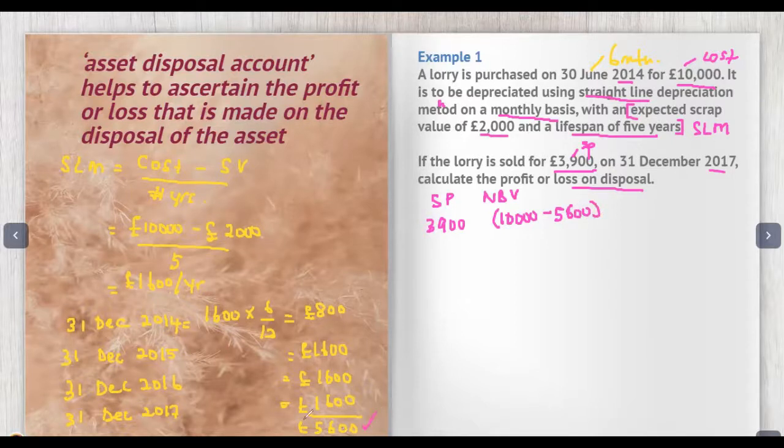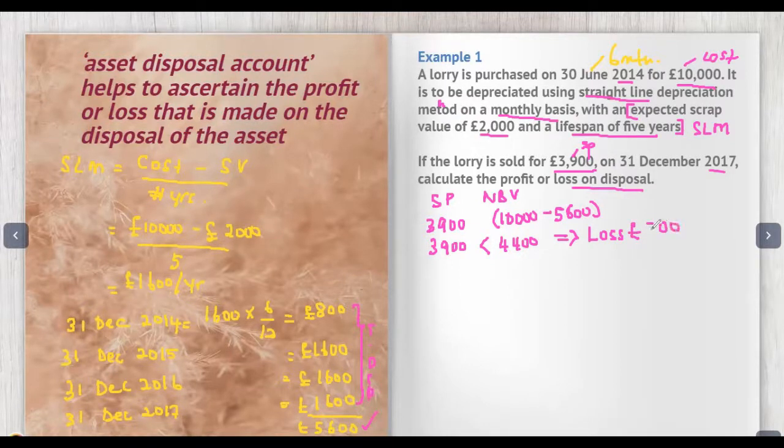We got it from here, where the total depreciation to date is 5,600. So we have 3,900, and then 10,000 minus 5,600, that is 4,400. Your net book value is more than your selling price, so this clearly shows us there's a loss of 500 pounds.